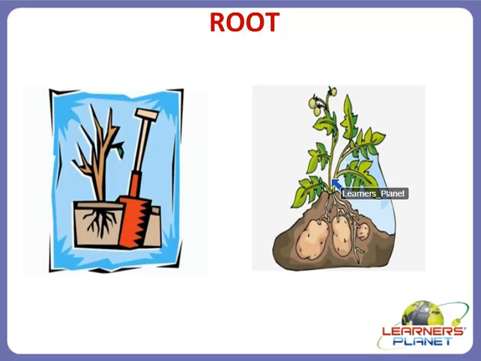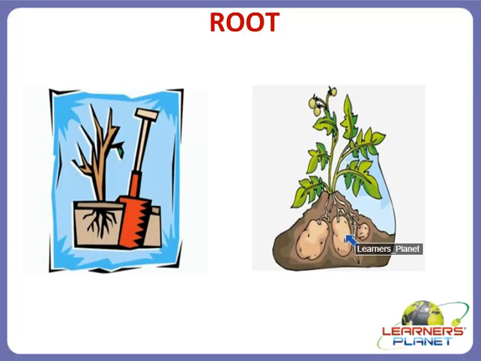It supports the plant. So children, for example, a potato. Potato is grown under the soil. So we can see here that there are some roots attached to the potato.